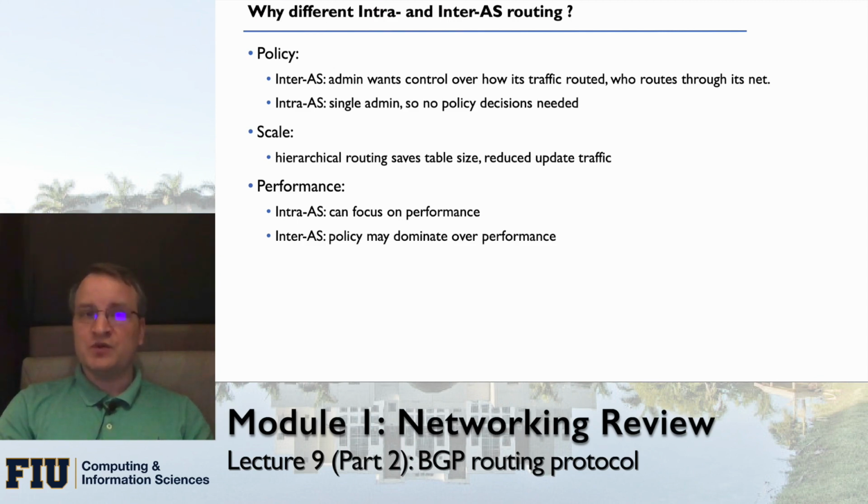So one part is definitely some form of economic model, but besides the economic model, it's also performance, because obviously a provider will have a better reason to have better connectivity to the outside world than you as a customer. And there's saving the actual table size.